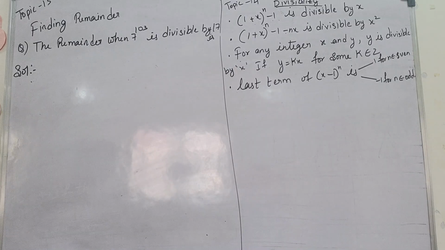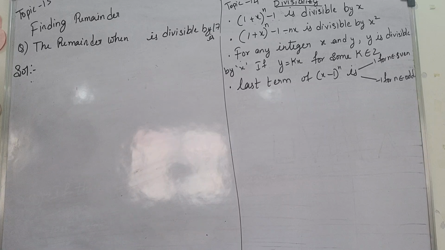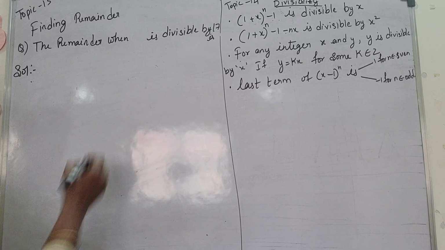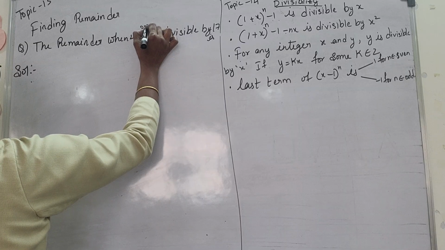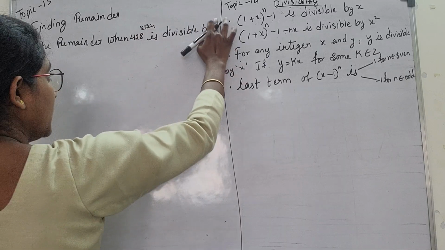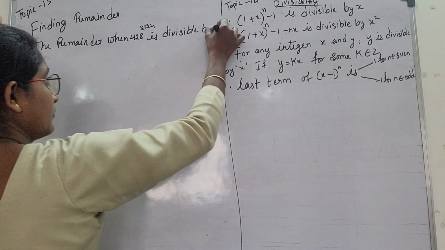So the next question is the remainder, same we need to find it, but here the number is 428 power 2024 divided by 21.